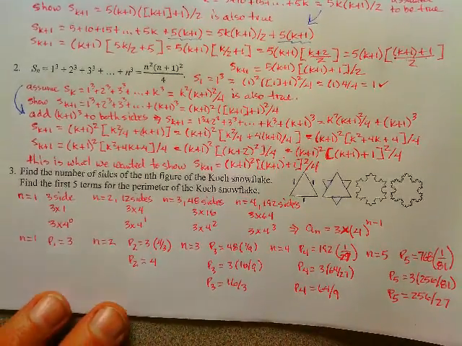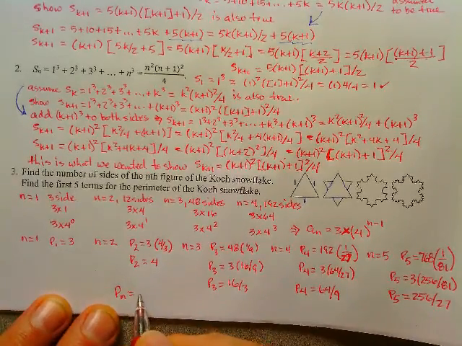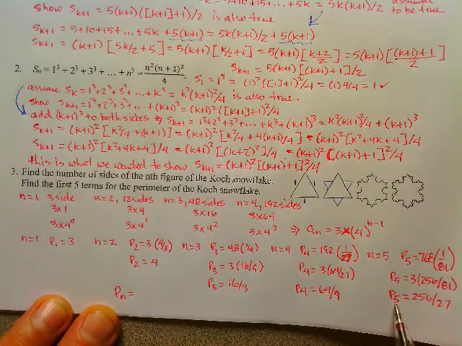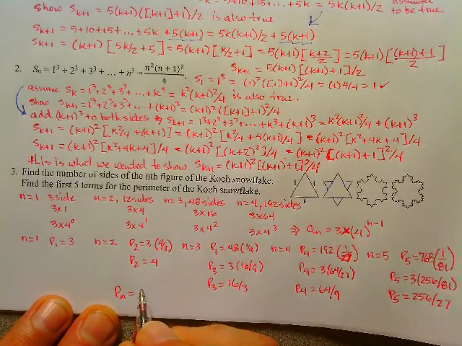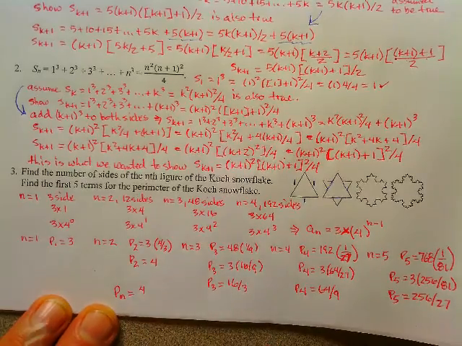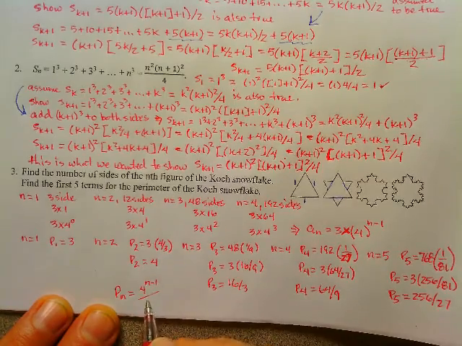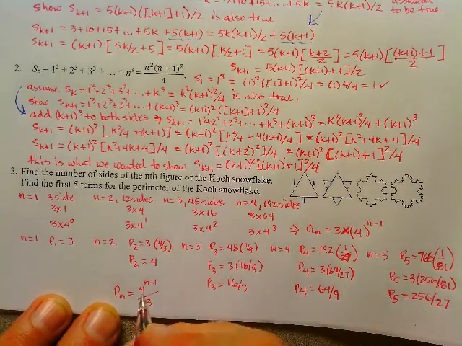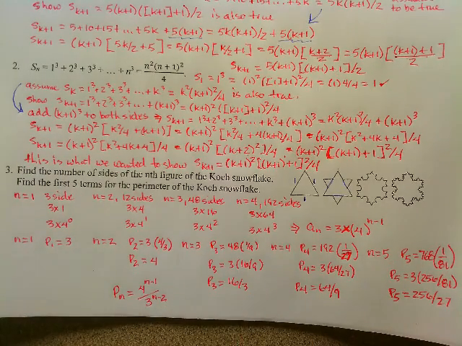So in general, my P sub n will be, well, let's see what it'll be. This is P5, so it's going to be 4 to the n minus 1 over 3 to the n minus 2. So that's one way to look at what the nth term for the perimeter would be.